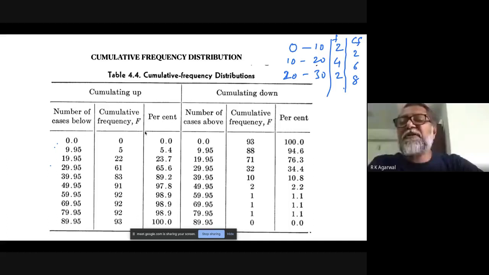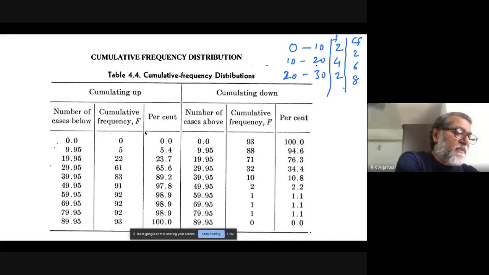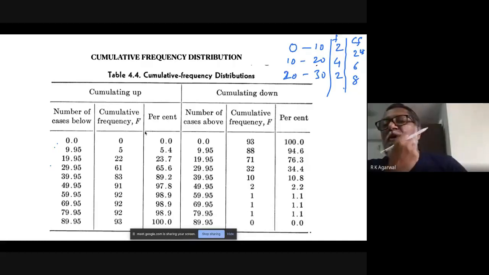How have we got 6? 2 plus 4 is 6. How have we got 8? 6 plus 2 is 8. Now, what is the interpretation of the first number shown under the cumulative frequency column? Anyone?